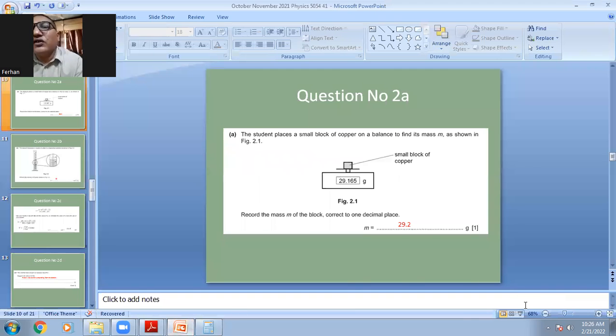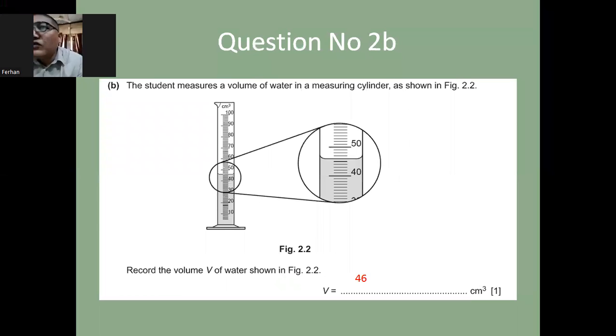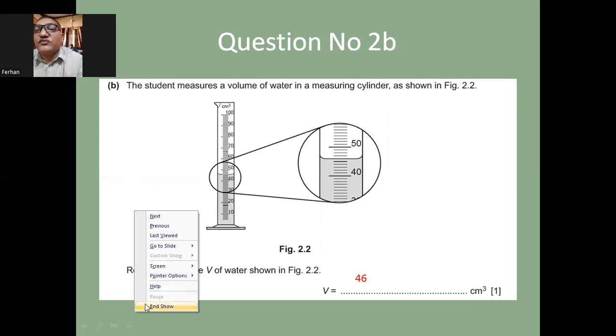Let me show you how you will write it: the volume of the water in this measuring cylinder is 46 centimeter cube. So let's move to the next part.